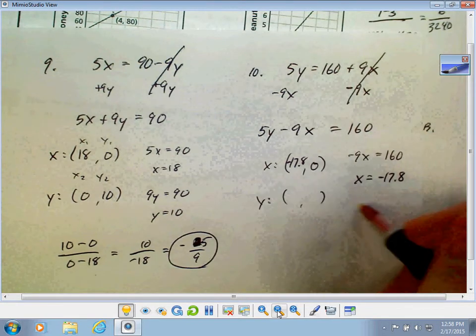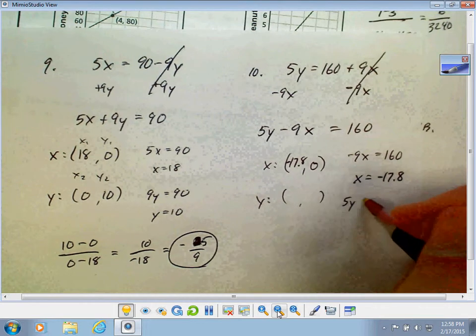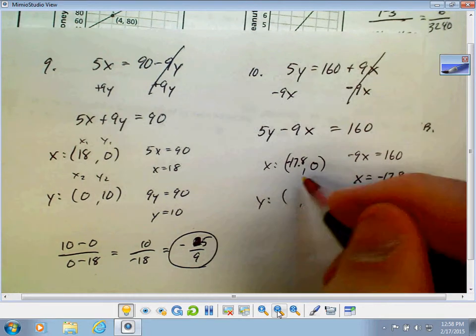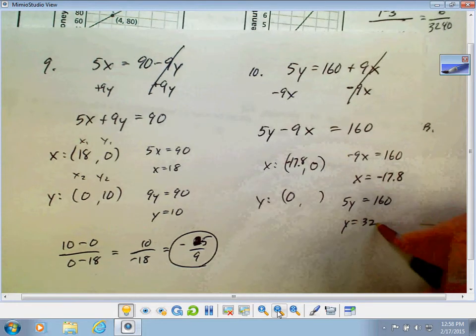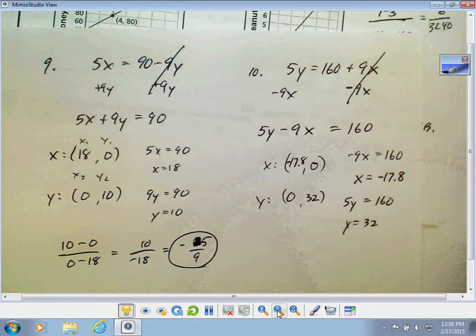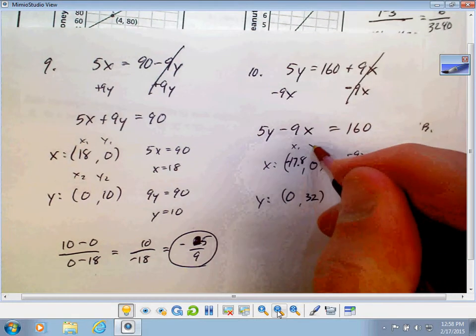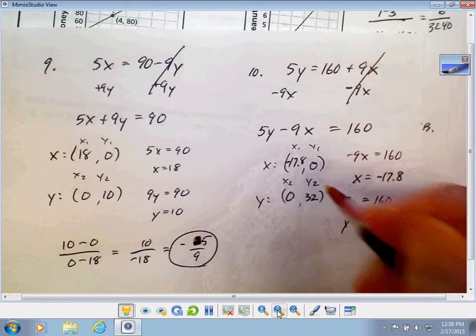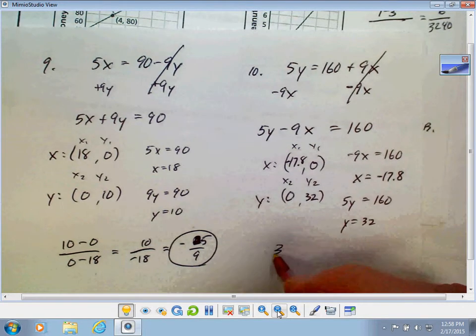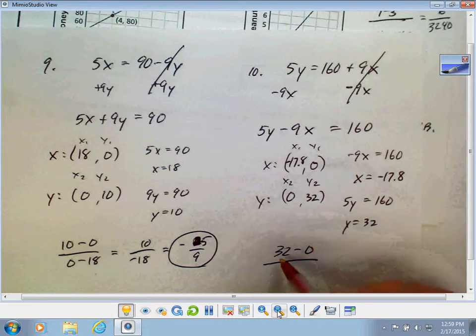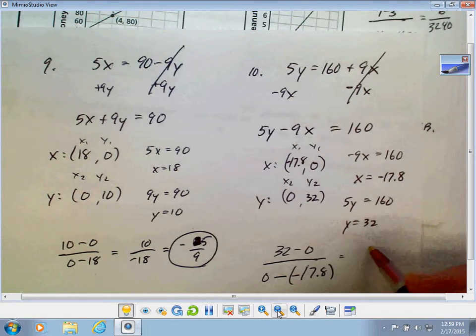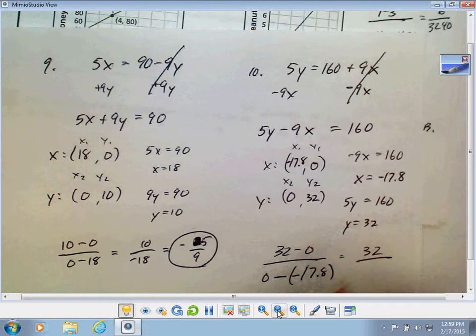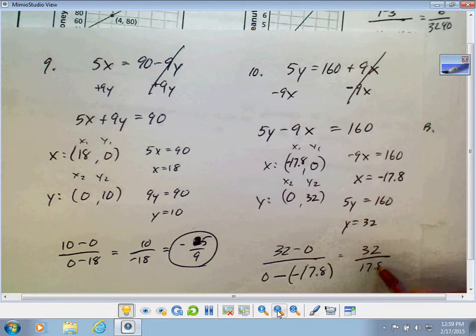And for y, it's going to be without the x, so 5y equals 160. So y is 32. So if we do, again, x1, y1, x2, y2, it's going to be 32 minus 0 over 0 minus negative 17.8. So 32 on the top, and this is actually a plus, so 17.8 on the bottom.